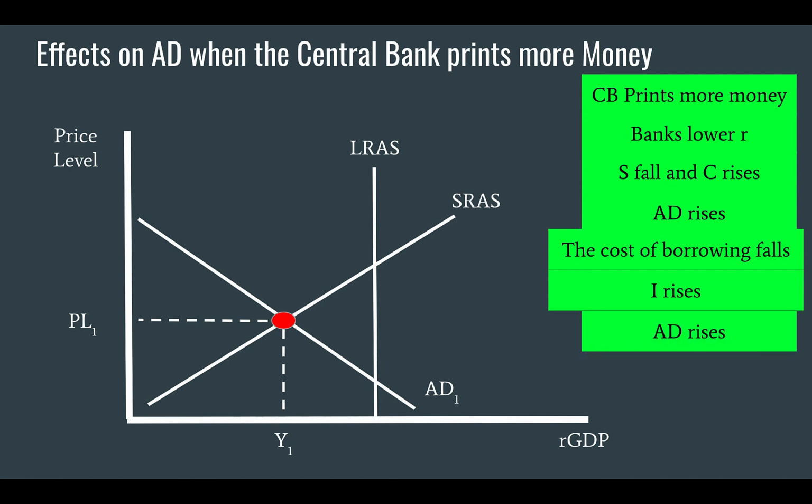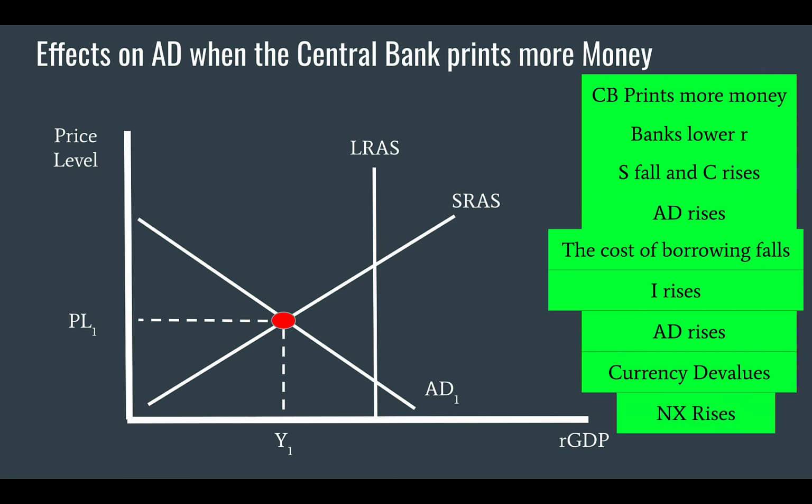Finally, with an increased supply of the currency finding its way into the Forex market, the currency devalues, particularly if it's intentional from the central bank. That causes net exports to rise. Exports rise because our domestically produced goods are now cheaper to foreigners, and imports fall because foreign produced goods are now relatively more expensive to us in the domestic economy. And that again causes aggregate demand to rise.